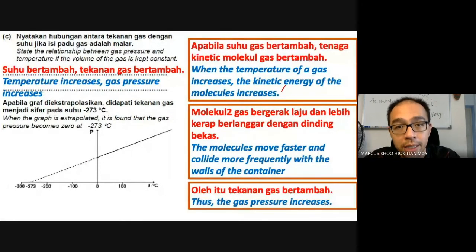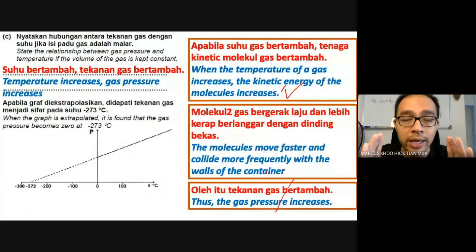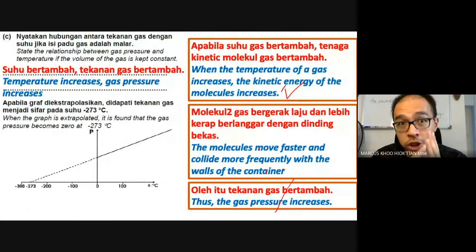Kinetic energy increase means the molecules are going to move faster, and since the molecules move faster, they're going to collide more frequently with the walls of the container. And when that happens, the gas pressure increases. Remember, the key to explaining gas laws is to understand how you explain volume, temperature, and pressure.